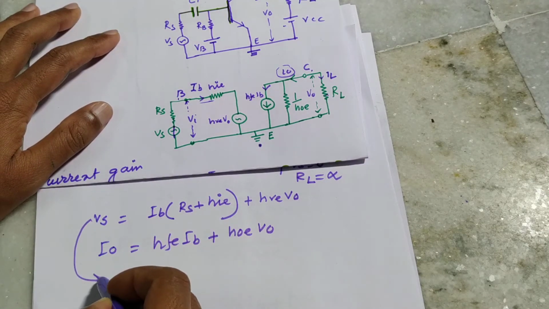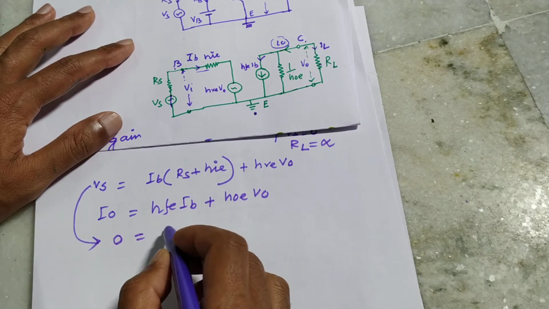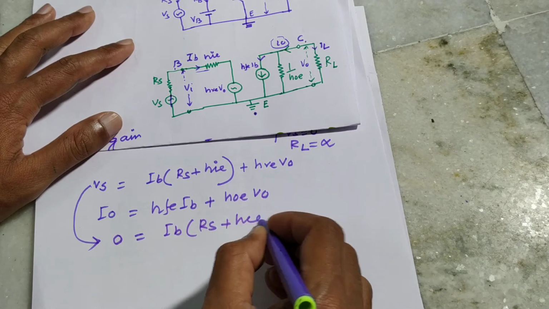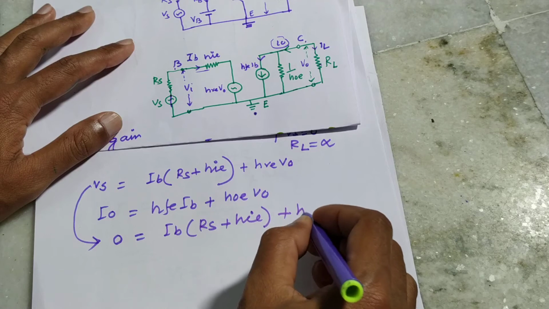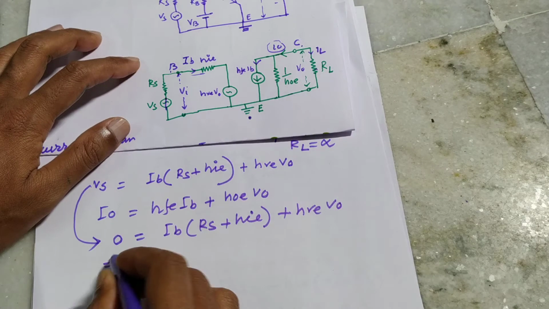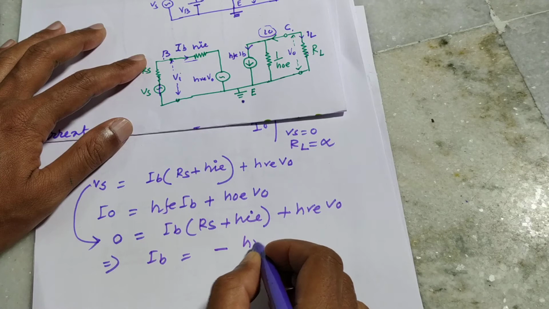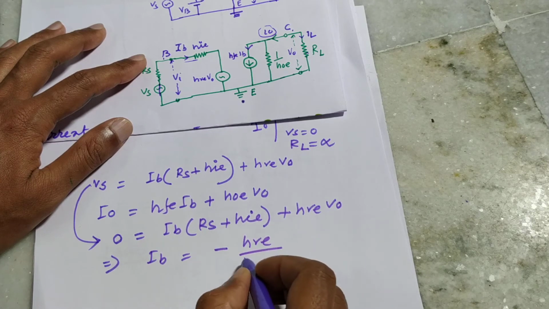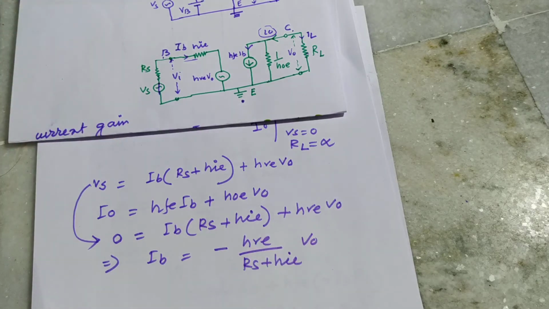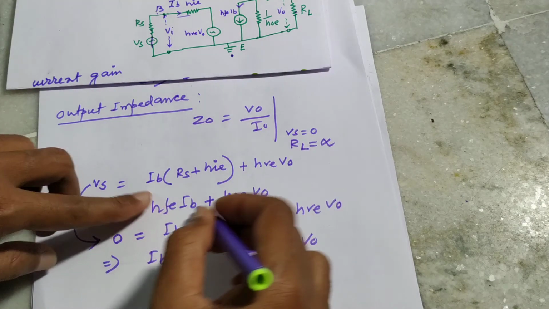From the above equation, if we substitute Vs equal to 0, then we will get IB RS plus HI plus HRE V0, or IB equal to minus HRE by RS plus HI into V0. Substitute the value of IB in this equation.